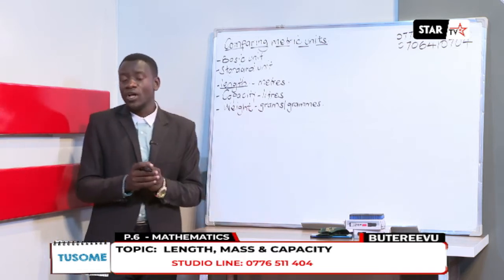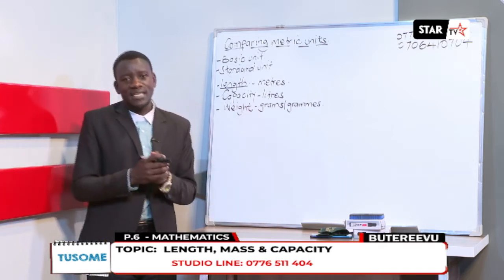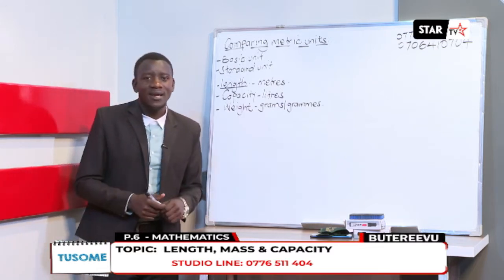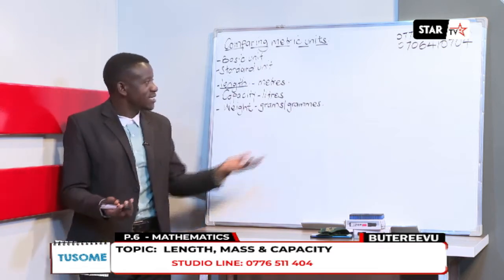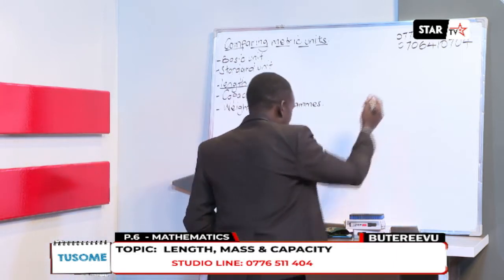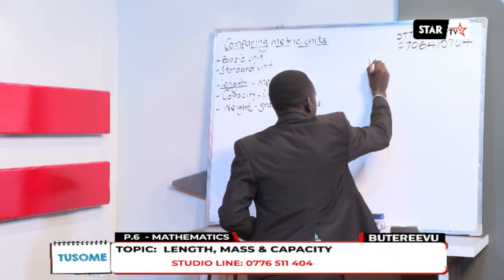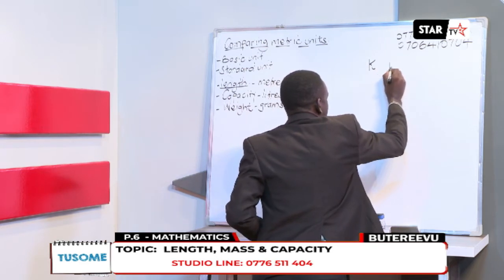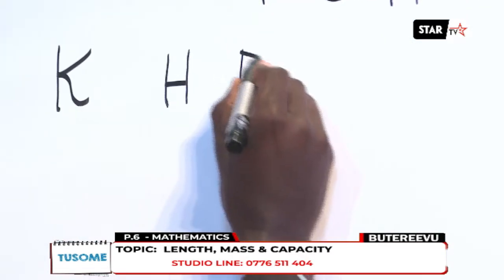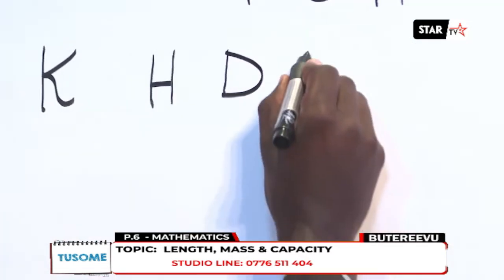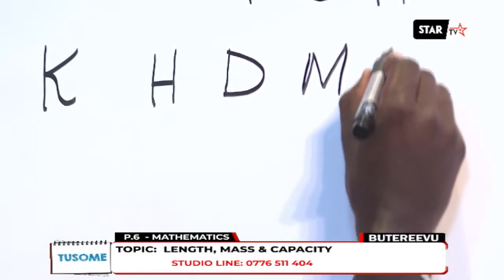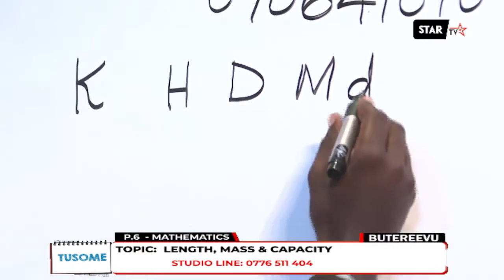I'm going to draw the metric unit scale, and we look at the unit scale order. How are they generated? I'm going to write them here. You can also write with me. We have capital K, then H, then D, then we have M, then from there we shall have small d to differentiate it from this one.